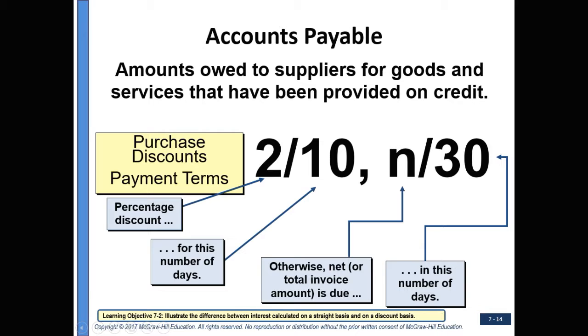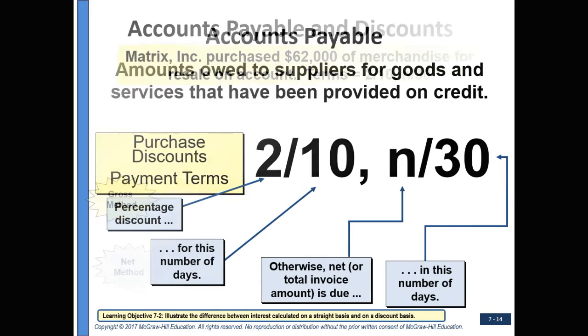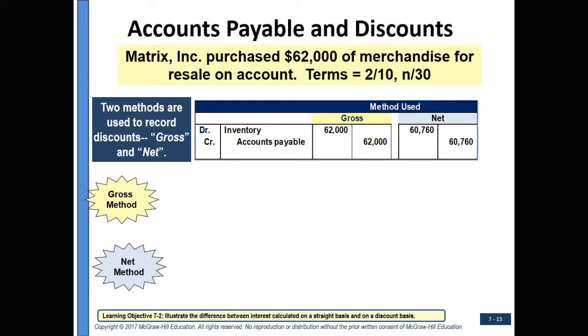So let's look at how that's handled transactionally. There are two methods for recording purchase discounts. We're going to begin with what's called the gross method.